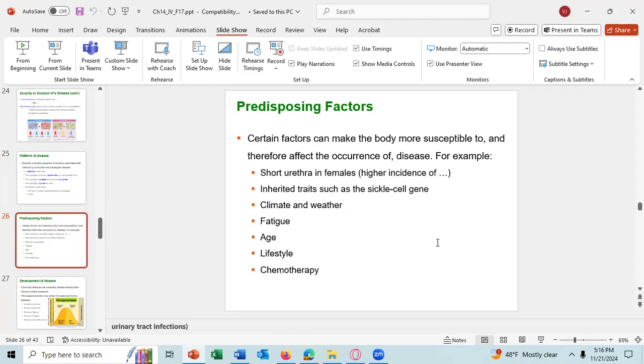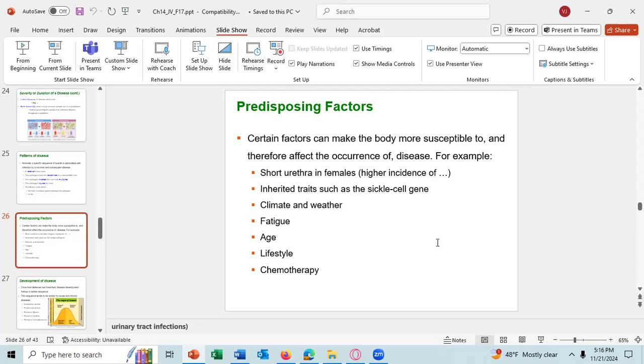There are some inherited traits, such as sickle cell anemia, which can predispose the individual to getting more likely to get a disease. Another trait, which is not necessarily inherited, is diabetes. These patients are more likely to come down with the disease.